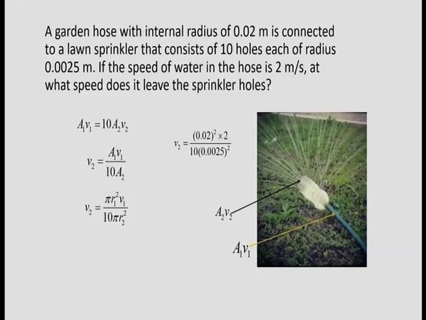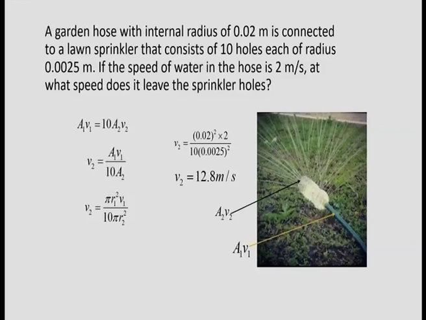In the question it is given that r1, the radius of the pipe, is 0.02, and the velocity is 2 meter per second in the pipe, and then replacing the value of r2, which is 0.0025. So when we replace that, we will get the value of the velocity of water coming out from the holes, which is 12.8.